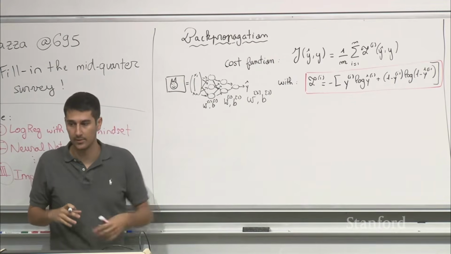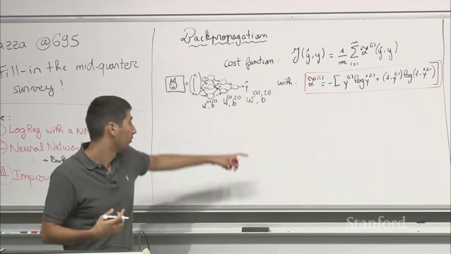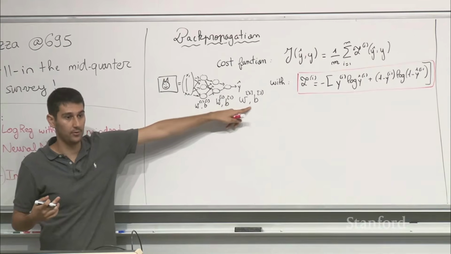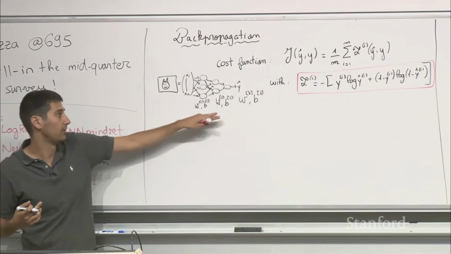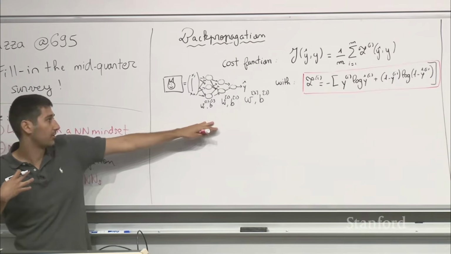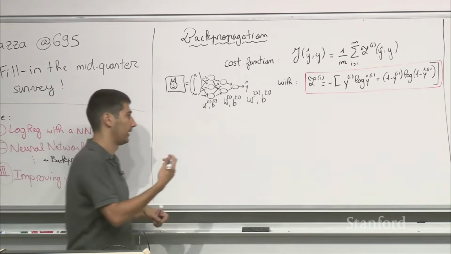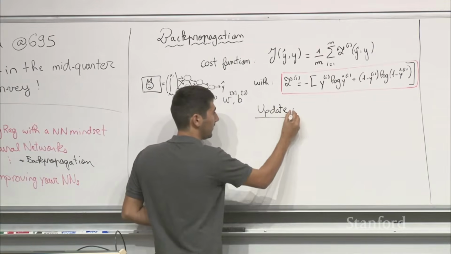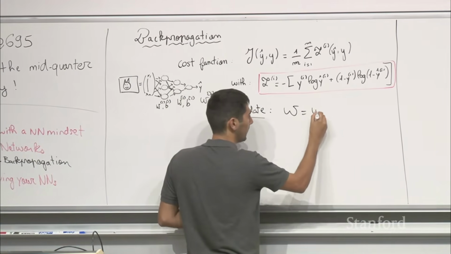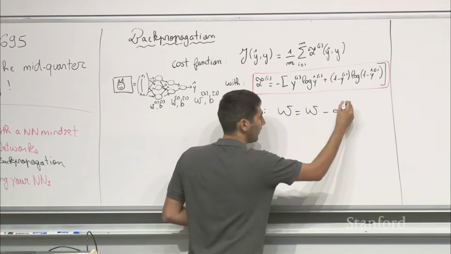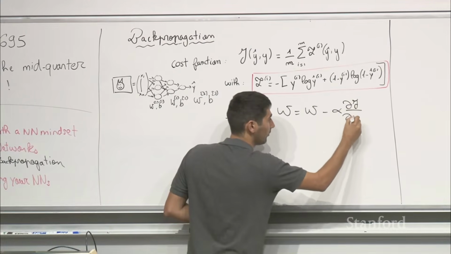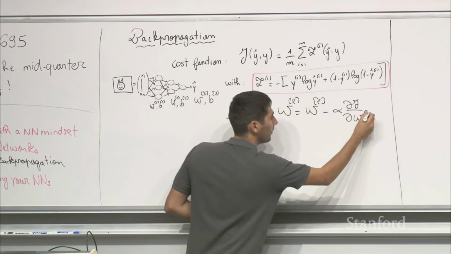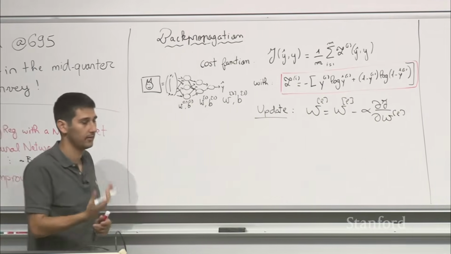One thing we noticed is that because we want to make good use of the chain rule, we're going to start by computing the derivative for W3 and B3, and then come back and do W2 and B2, and then back again, W1 and B1, in order to use our gradient descent update formula, where W would be equal to W minus alpha times the derivative of the cost with respect to W. And this for any layer l between 1 and 3. Same for B.